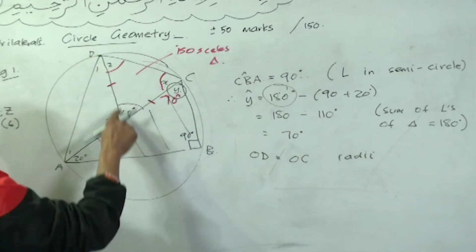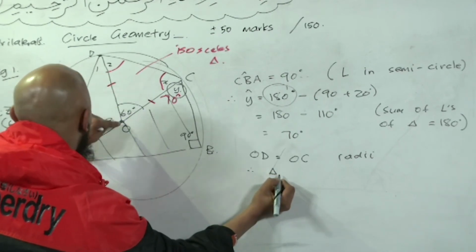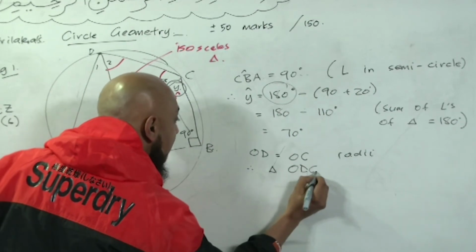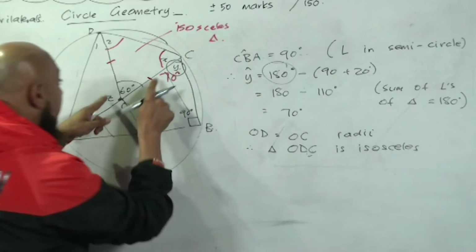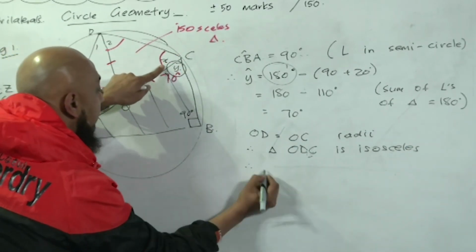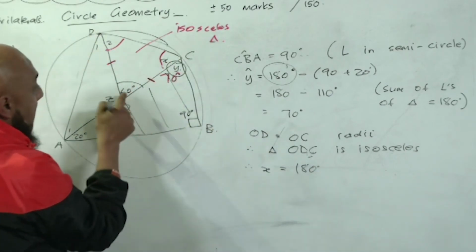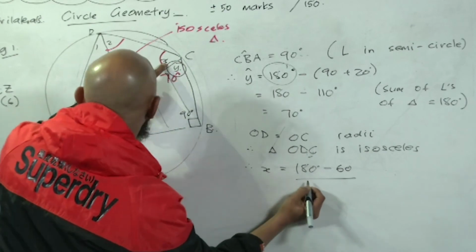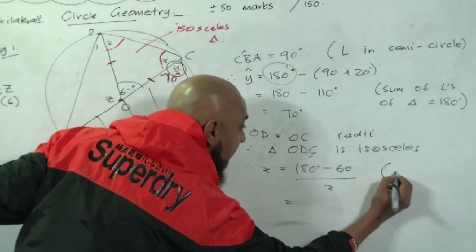So OD is equal to OC, radii, therefore triangle ODC is isosceles. So if it is isosceles, therefore x is equal to 180, sum of angles of a triangle, minus your given, minus 60, divided by 2, because these two angles are equal. Isosceles triangle.